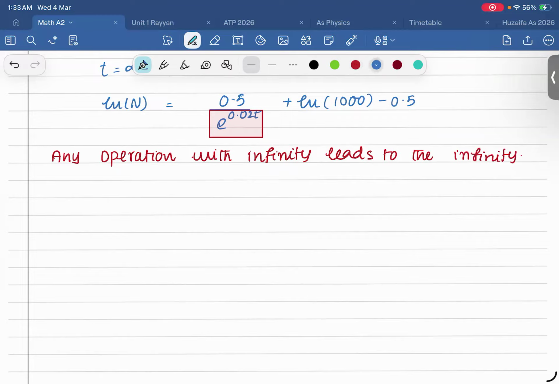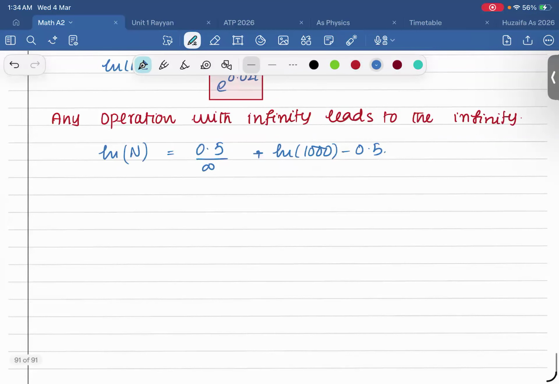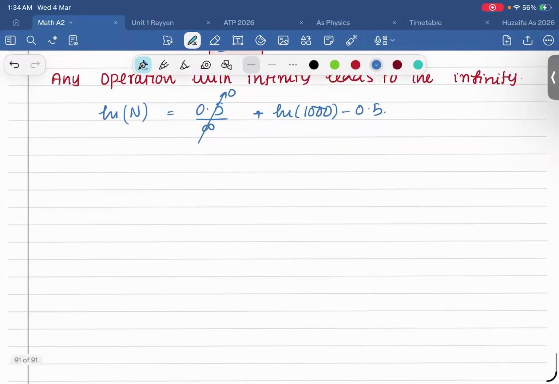Okay, so since this term is infinity, this whole thing becomes infinity, right? And then the rest remains the same. And 1 over infinity is 0, right? So this whole thing turns out to be 0. So we will be left with, when t becomes so large, the value of ln n being ln 1000 minus 0.5, or you can take the exponent of that.